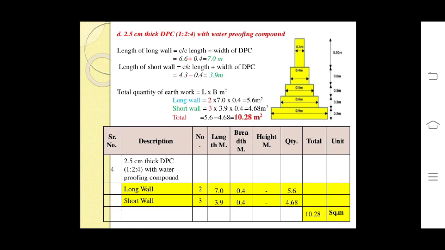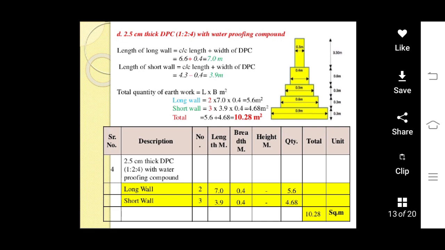The total quantity is equal to length into breadth, that is 2 into 7.0 into 0.4 is equal to 5.6 meter cube, and for short wall it is 4.68 meter cube.